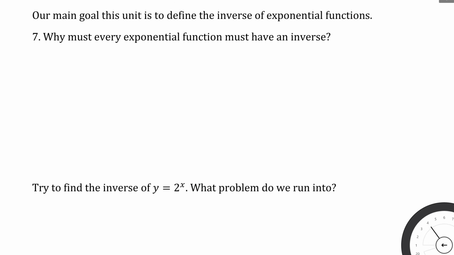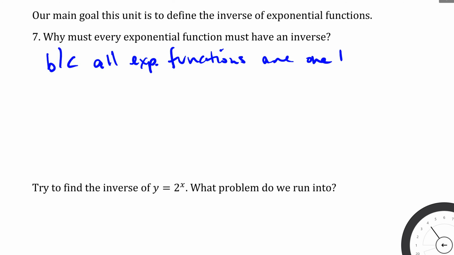So what we can say here is because all exponential functions are 1 to 1. If you were to play with your calculator and change any of the parameters or any of the different things that we did with translations or reflections or dilations, it's always going to give you a function that's 1 to 1.